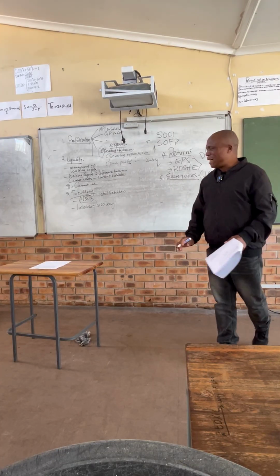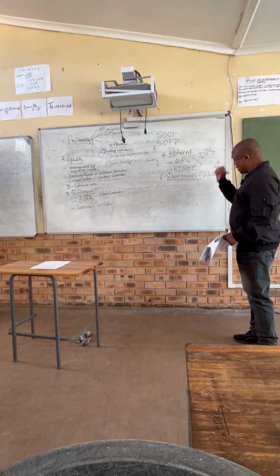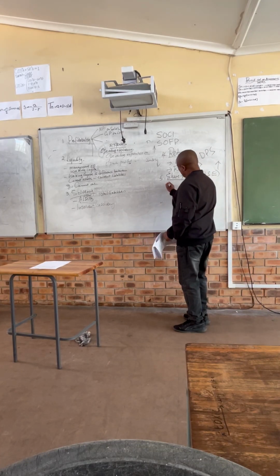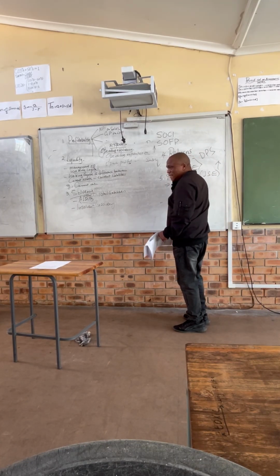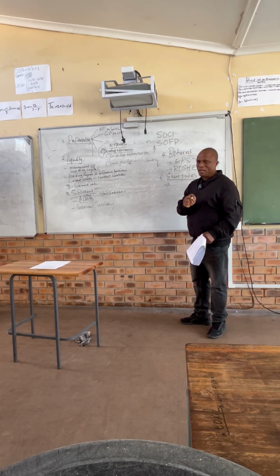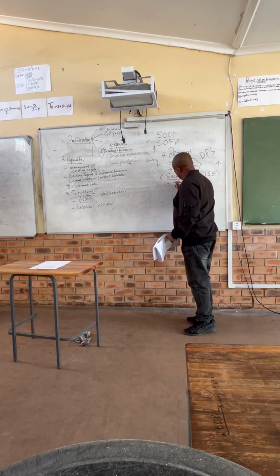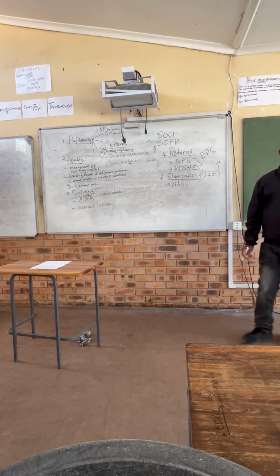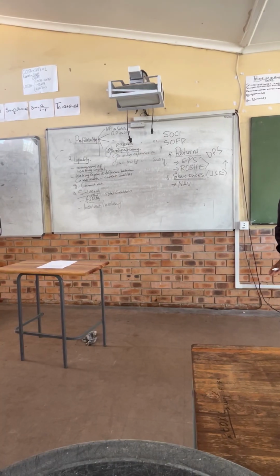So it means that when we look at our share price, we must compare with something. Number 1, we are going to compare with our own internal systems. We are going to compare our share price with our NAV, our net asset value per share.